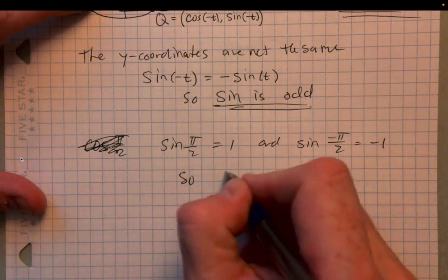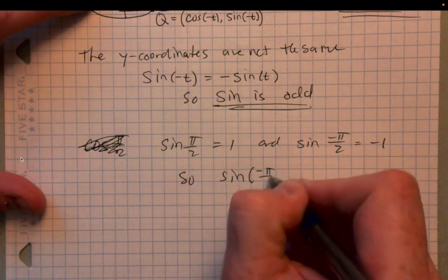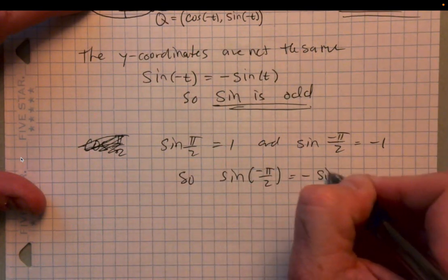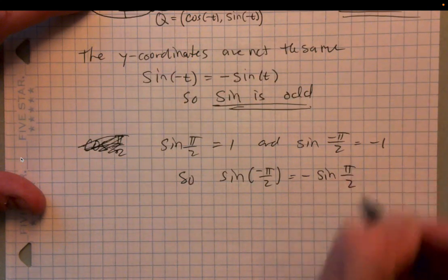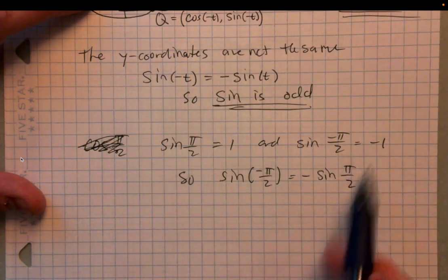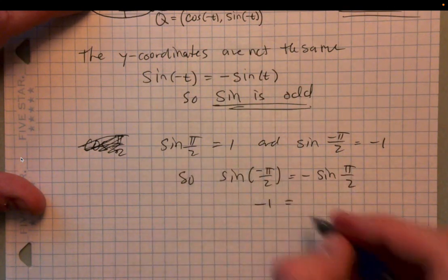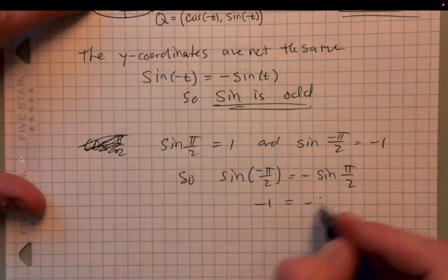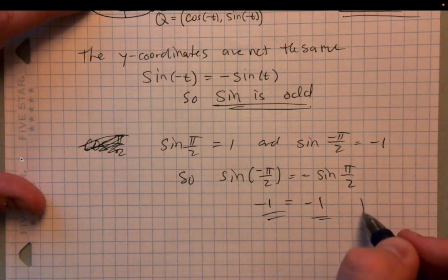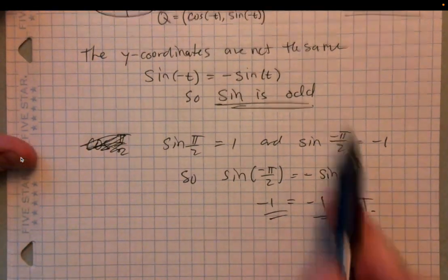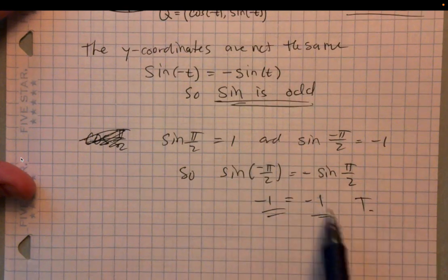And so that means sine of negative pi over 2 is equal to negative sine of pi over 2, which is negative 1. So that's true. Okay, and so this demonstrates that sine is odd.